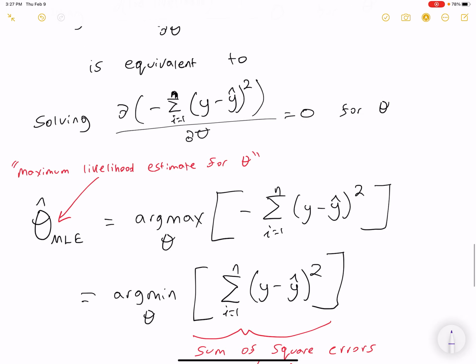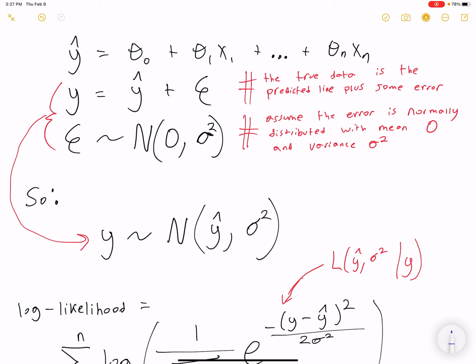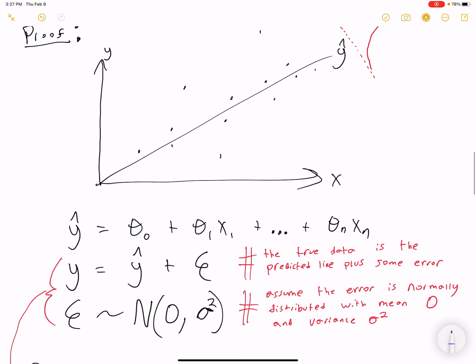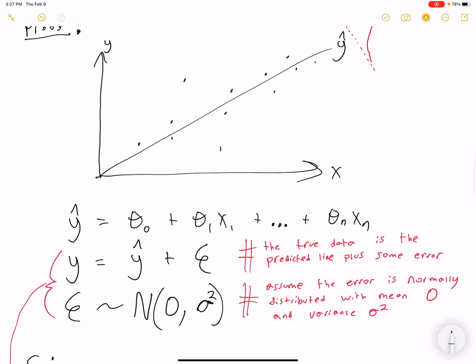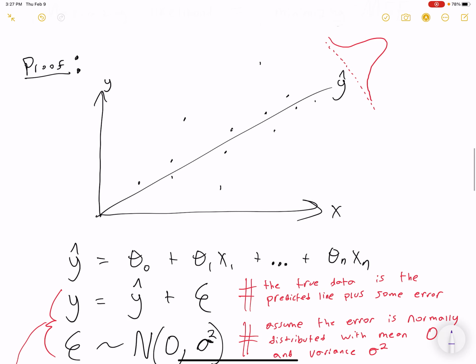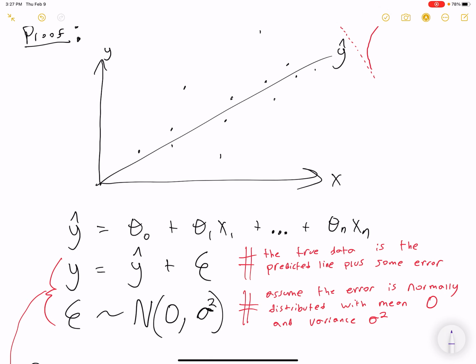So why is y equal to y hat plus epsilon? Because y is the true values, the data points, and we're saying the true values are the predicted line y hat plus some error, and that error is normally distributed about that line. But how do you know that it's within 2 standard deviations of that line? We're modeling the standard deviation. The standard deviation is a parameter to the model.